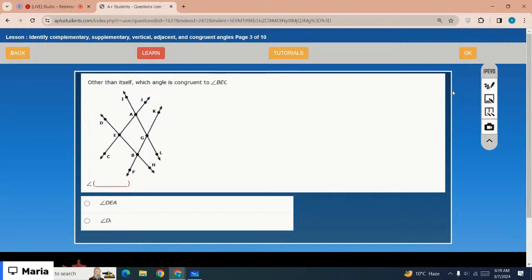Which angle is congruent to BEC? That is angle DEA is congruent to angle BEC. Option number 1 is the correct option.